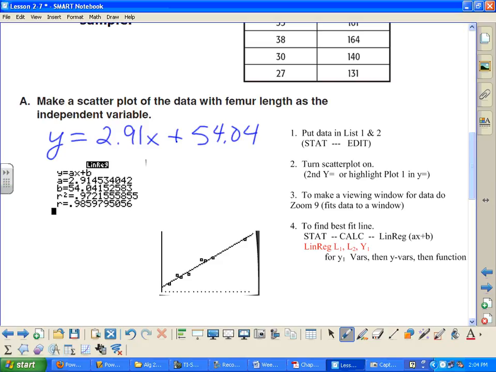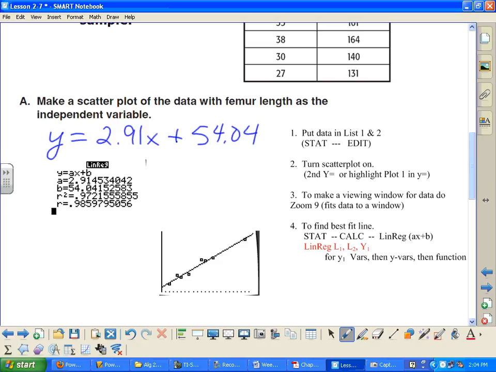It is that, but what does that mean as far as the realistic situation we're talking about? Jesse? Okay, yep, all right, that's true. But what it means is that as the femur length changes by 1 centimeter, then their height is going to increase by 2.91 centimeters.